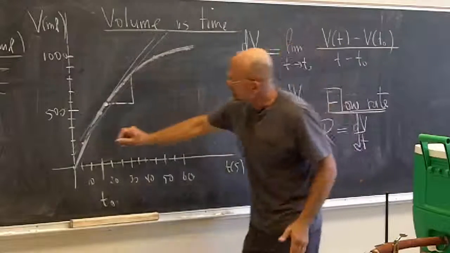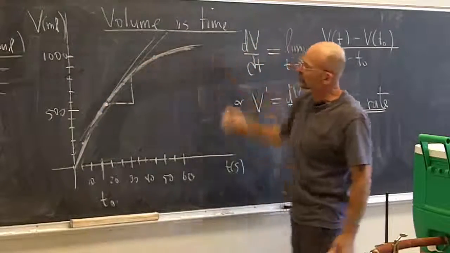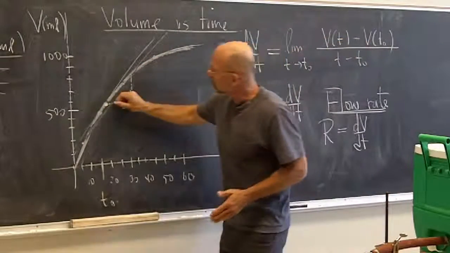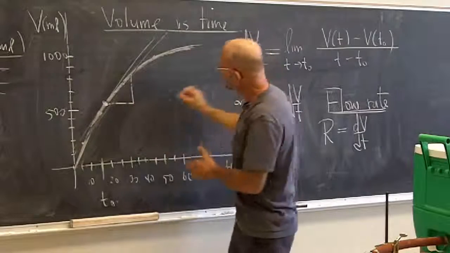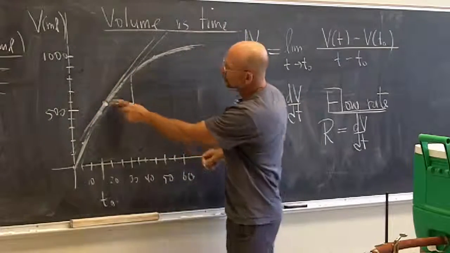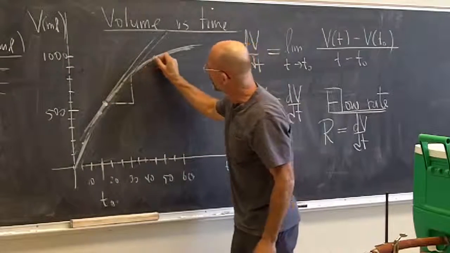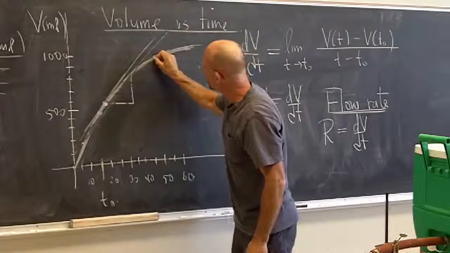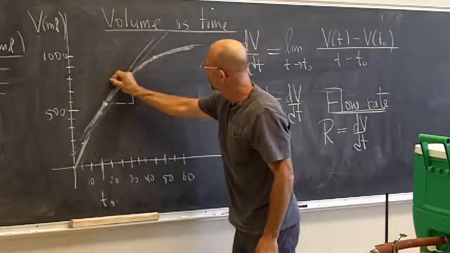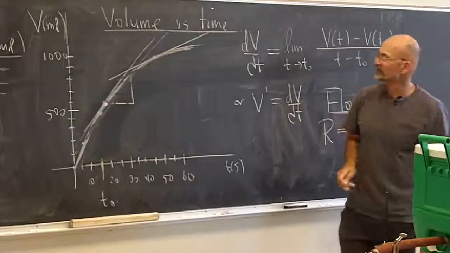We had a function with this concavity downward. The flow rate, that is to say the derivative, represents the slope at this point of contact. If we go further in time, say up to here, we see that that tangent line has a much lower slope.